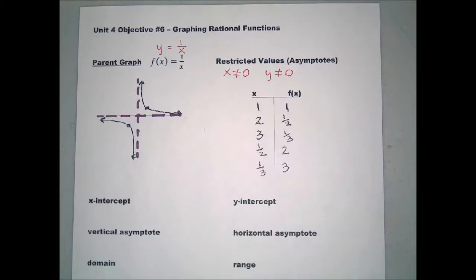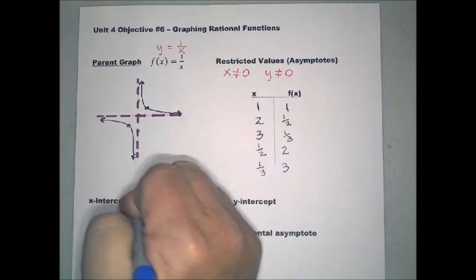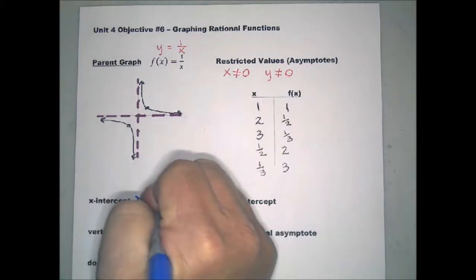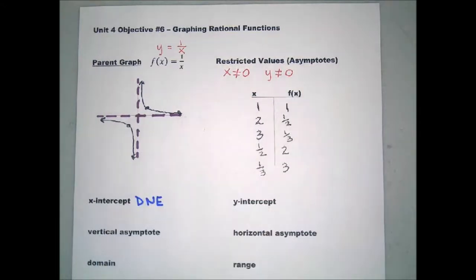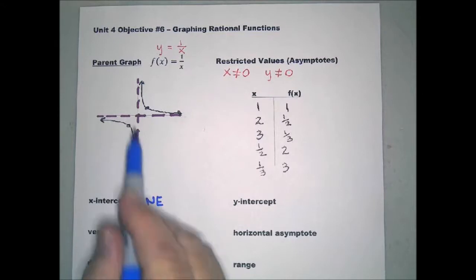Now let's look at some of the specifics on this graph, the x-intercept. Where do either of these two curves hit the x-axis? And the answer is they don't. The x-intercept does not exist. Same thing with the y-intercept. The graph never touches the y-axis.